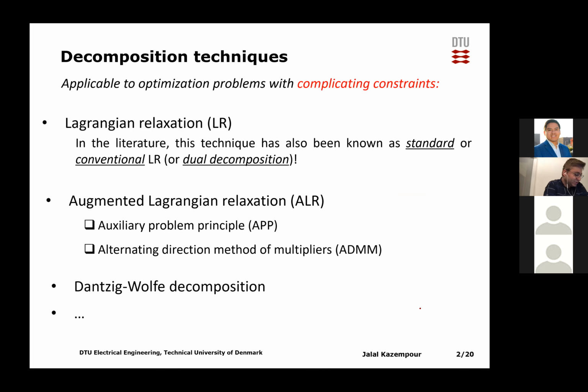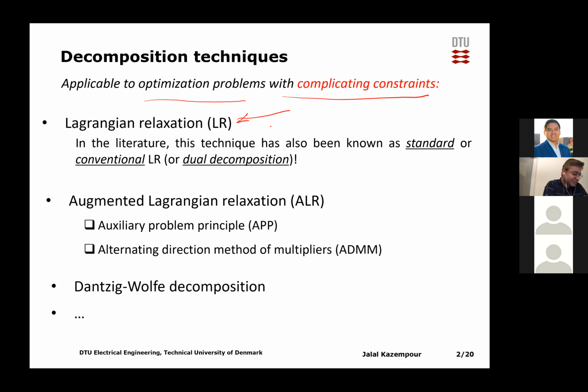If you have an optimization problem decomposable with complicating constraints, the typical classical, or let's say the first alternative you have, is LR, Lagrangian relaxation.